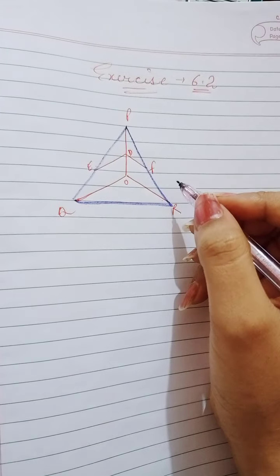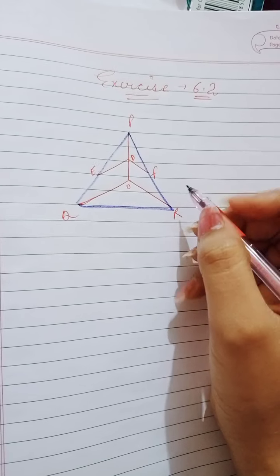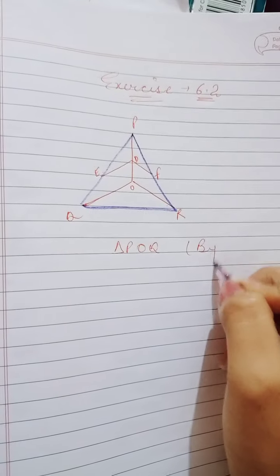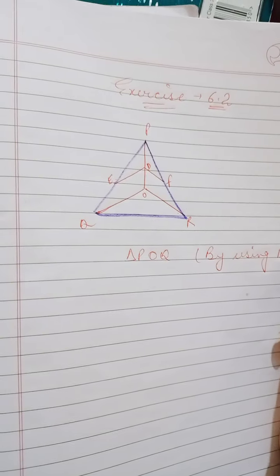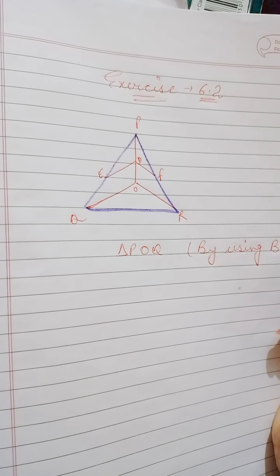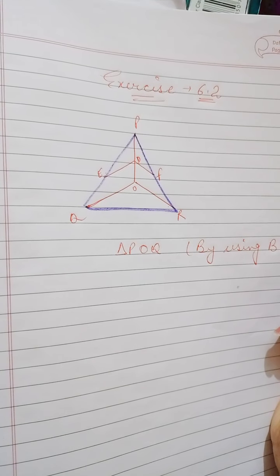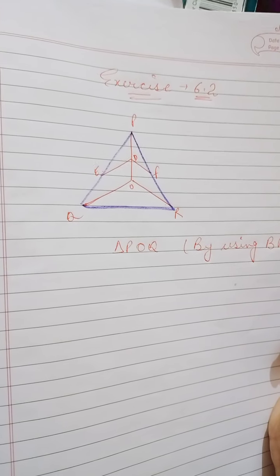Now, see, first of all, we use the basic proportionality theorem, that is called BPT, in triangle PQR. In triangle PQ and PR, we will equate them.